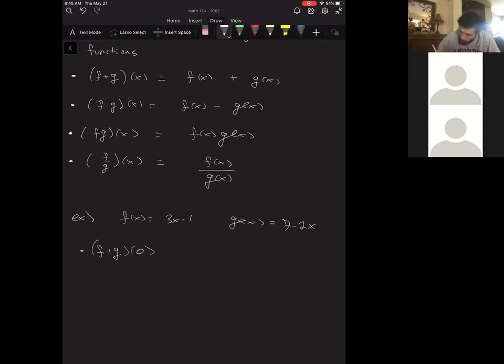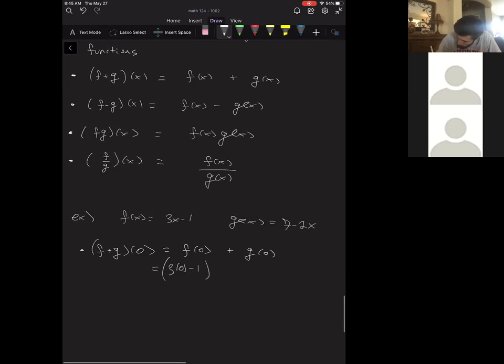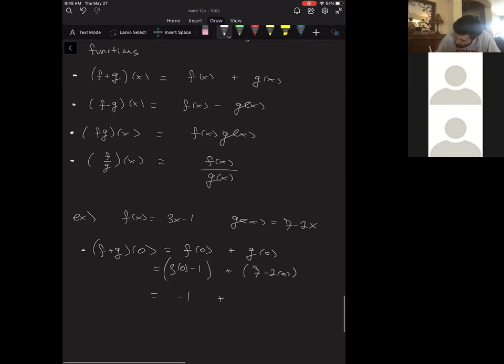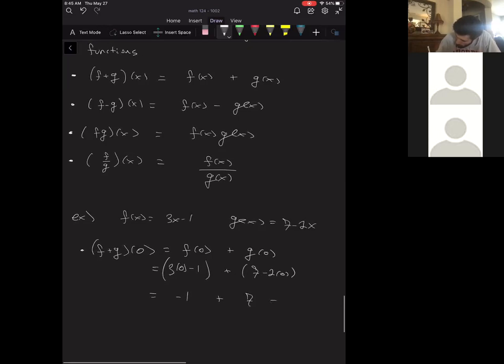Using the definition above, this just means f of 0 plus g of 0. So what is f of 0? That's going to be 3 times 0 minus 1. And then what's g of 0? That's just going to be 7 minus 2 times 0. So this is going to be minus 1 plus 7, which is equal to 6.